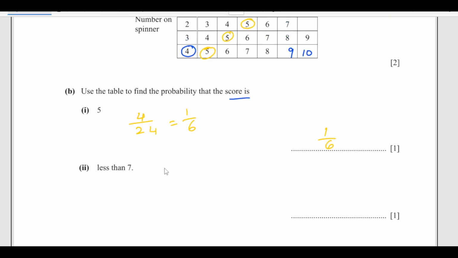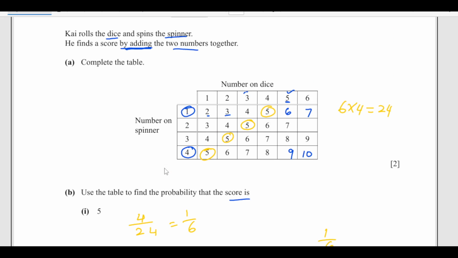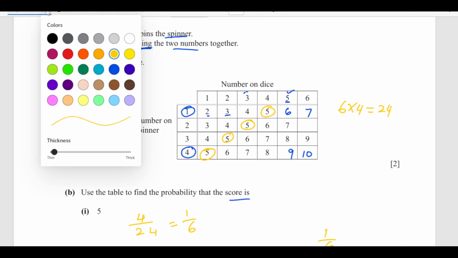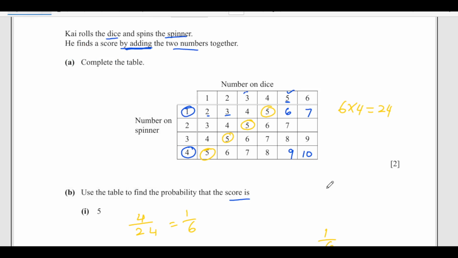Now less than 7, find the probability less than 7. So less than 7, now we will see where is this less than 7. So this is 7 here, less than 7 is 6, 2, all these 6's, right?